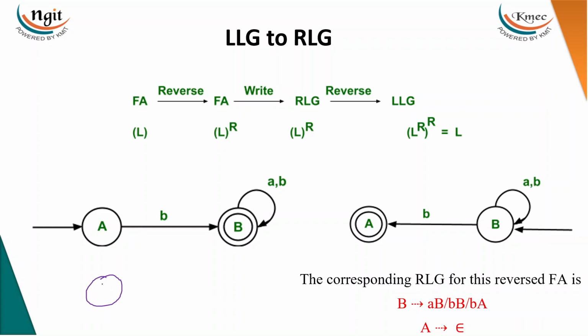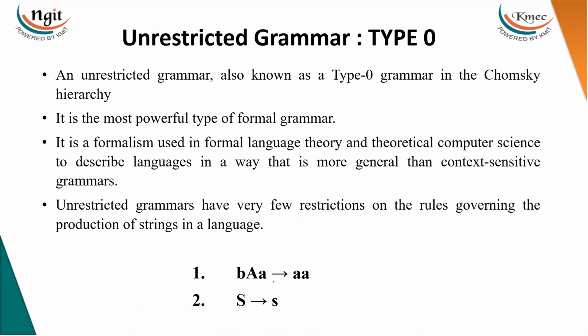Then make this starting state a final state, make the final state a starting state, and reverse the transitions. So B we are having, reverse it, A comma B, and reverse is B. That's it. So we are just converting the left linear grammar to right linear grammar and right linear grammar to left linear. Just do that, and after that we can convert into the finite automata.